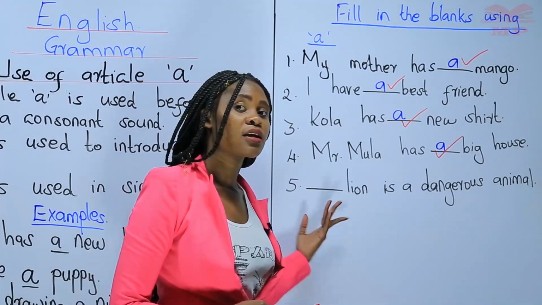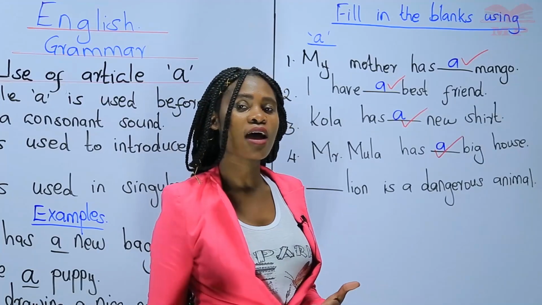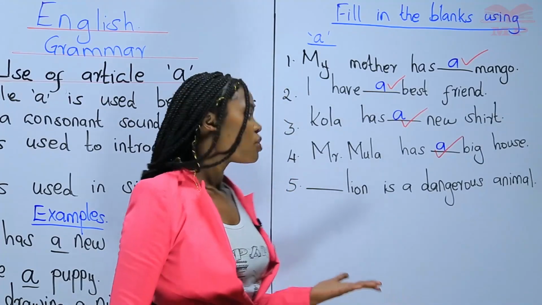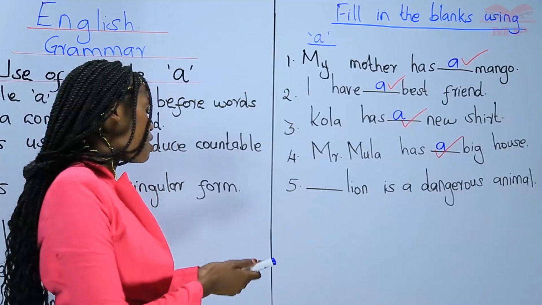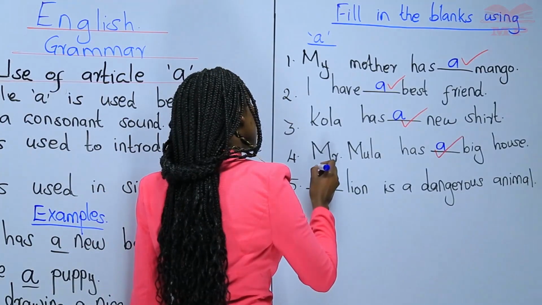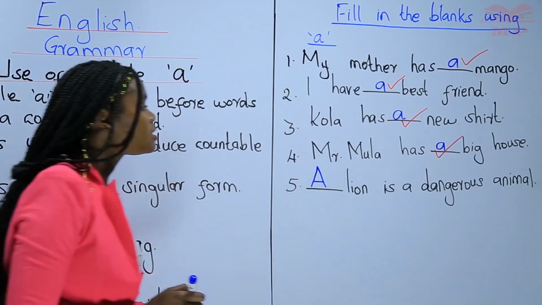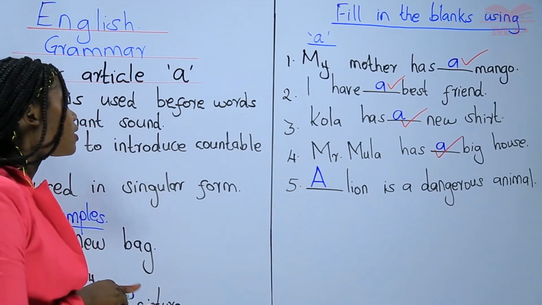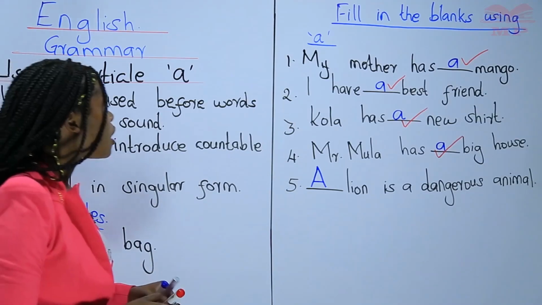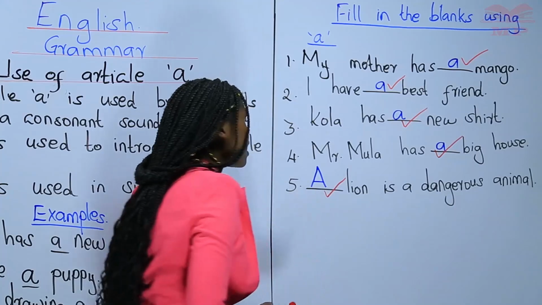And remember that in grammar when writing, your sentence must start with a capital letter and end with a full stop. Therefore, our answer shall be in capital form. So our sentence should read, A lion is a dangerous animal. Also, if you have the correct answer, give yourself a mark.